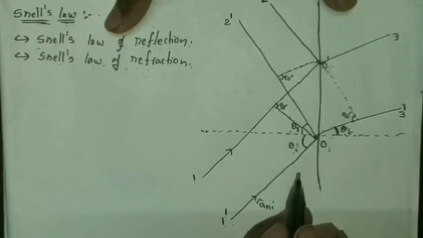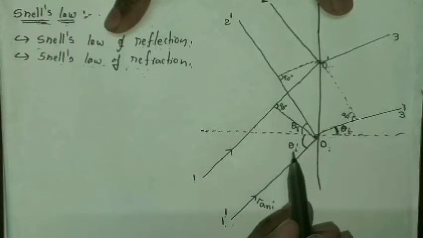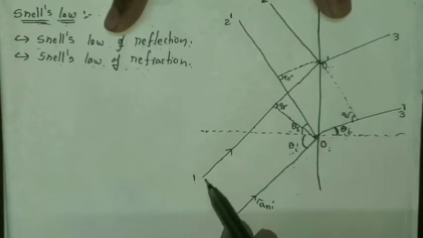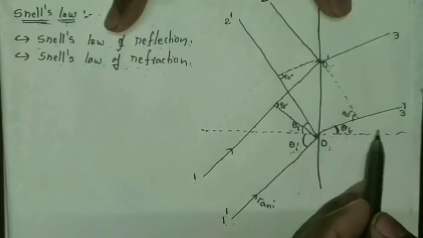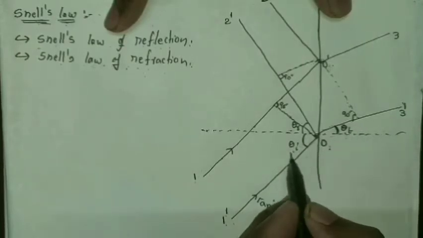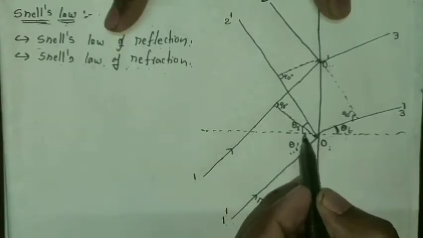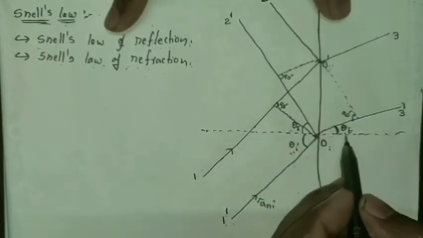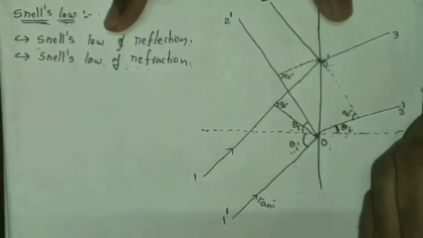The angles taken with respect to the normal line are theta I, theta R, and theta T. Theta I is the angle of incidence of the incident wave, theta R is the angle made by the reflected wave with respect to the normal line, and theta T indicates the angle made by the transmitted electromagnetic wave in medium 2.